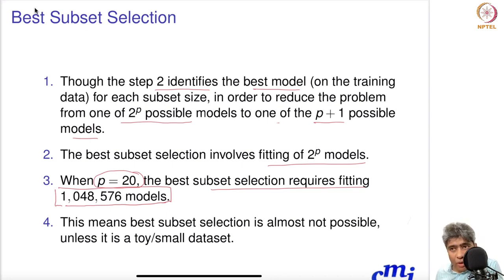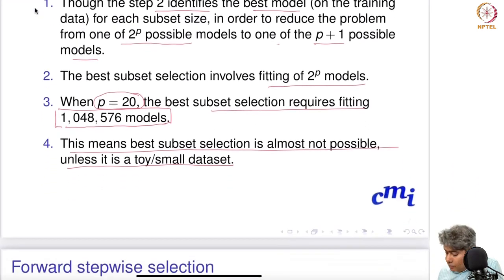Then for each model you have to calculate R square or root mean square error, and based on that you have to select which model you want to choose as your best model. So this means that best subset selection is almost not possible unless it's a toy data set or a small data set. That creates a problem for us.